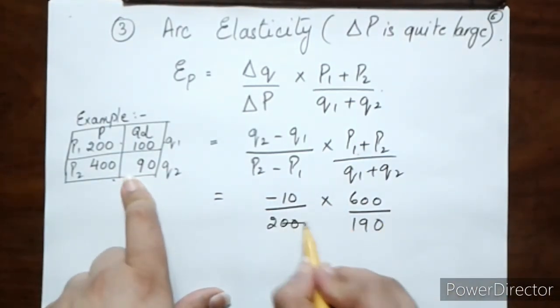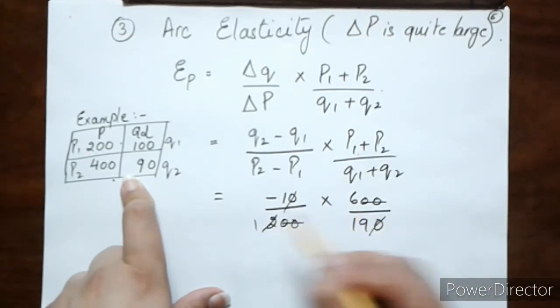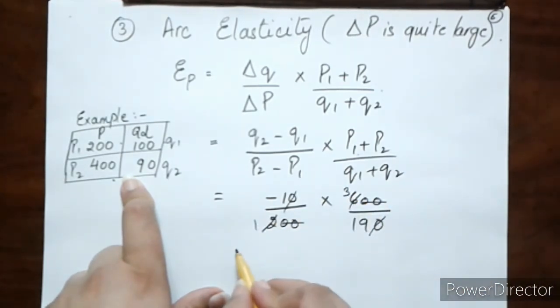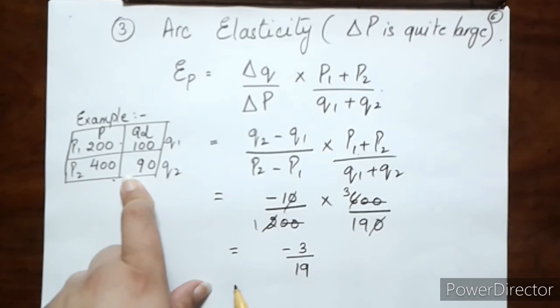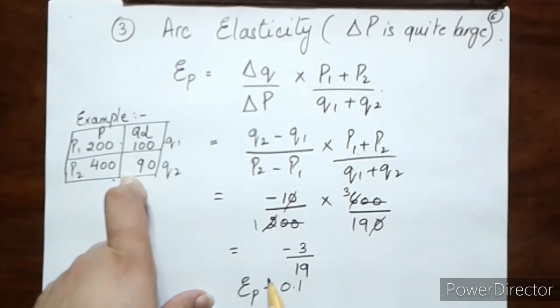Now let's start simplifying. 1 times 2 is 2, 3 2s are 6, so we have minus 3 over 19. Which is definitely going to be, I think, 0.1 something, minus 0.1. Of course, the minus sign we are going to ignore, and we are going to say price elasticity is equal to 0.1, which is less than 1.